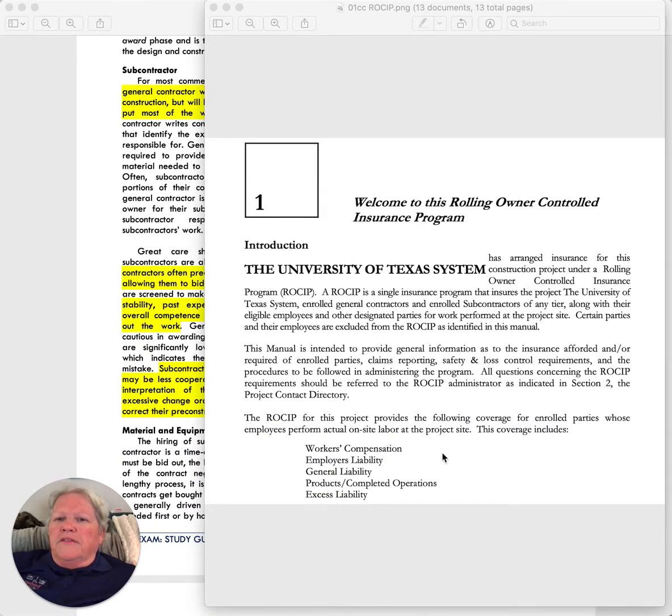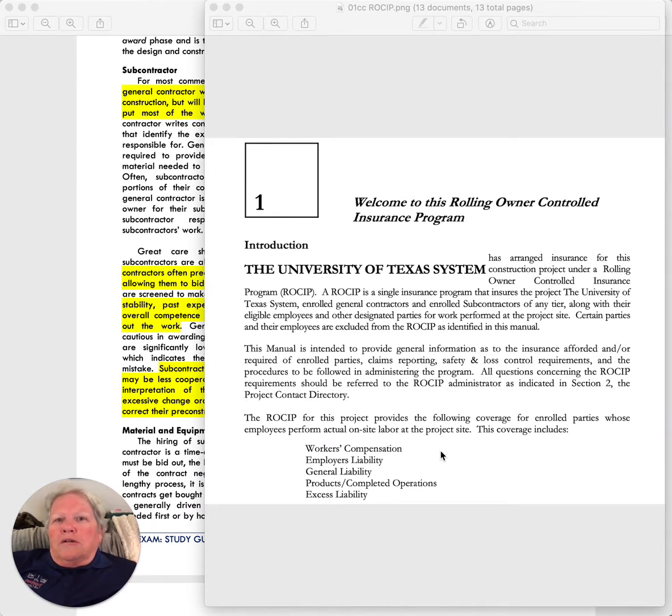And they come in and they provide the workers' compensation, employer's liability, general liability, completed operations, and excess liability insurance on a project. But they're capitalizing on their huge buying power because they're a big institution, so the price of providing that insurance is far less than for a single general contractor.